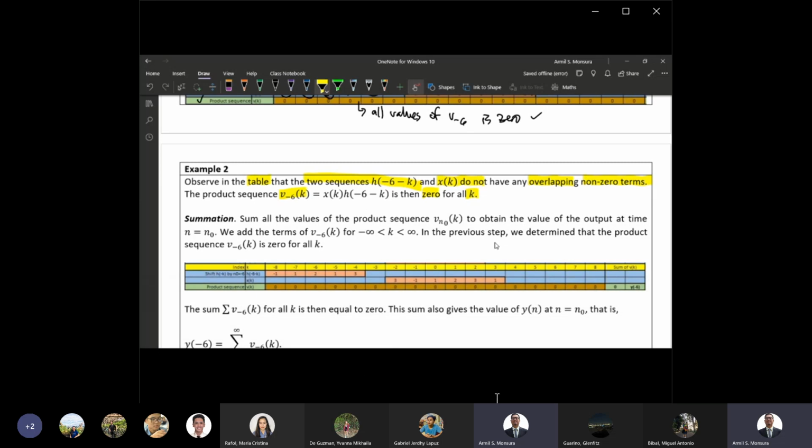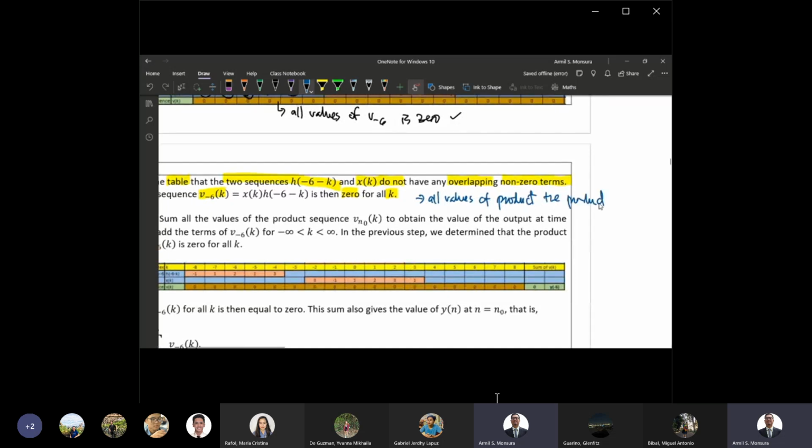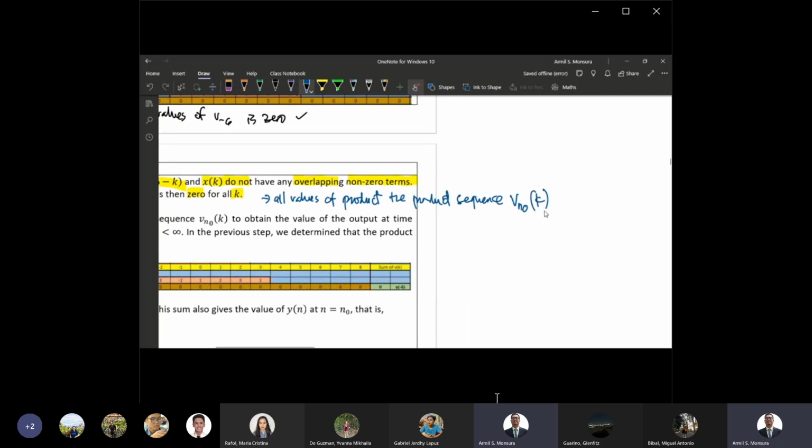And the possibility of all values of the product sequence v of n0 of k becoming 0 for all k is possible if both x and h have finite lengths.